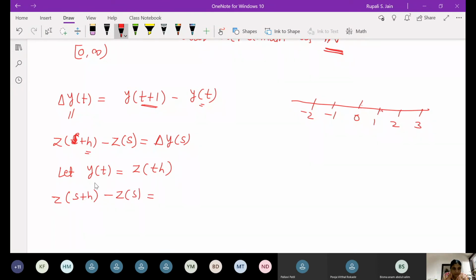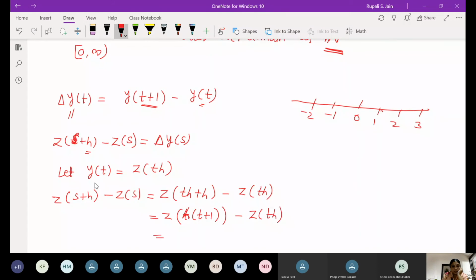Z at s is nothing but z at th, so s is th. Then z at s plus h will be z at th plus h, which is z at h times t plus 1, minus z at th as it is.